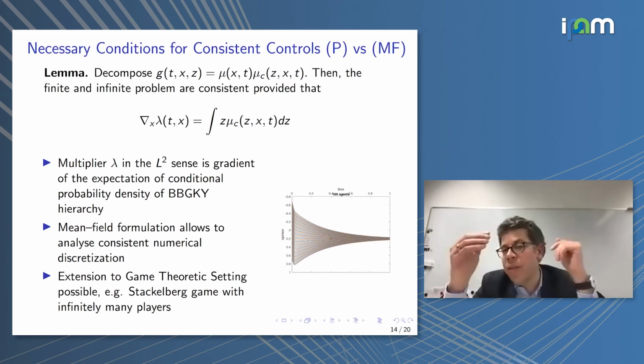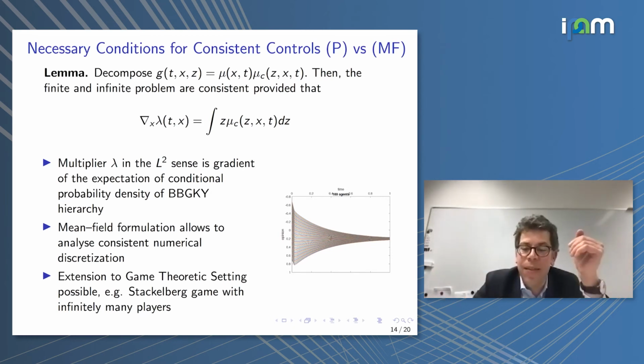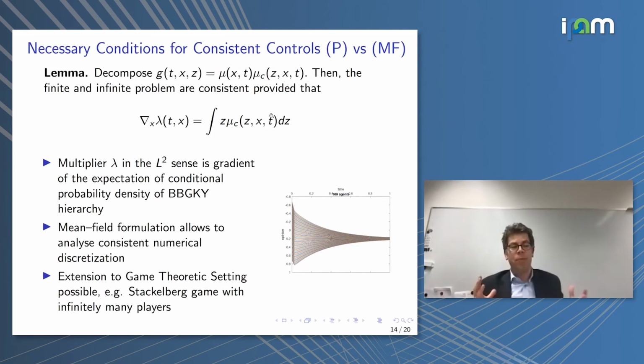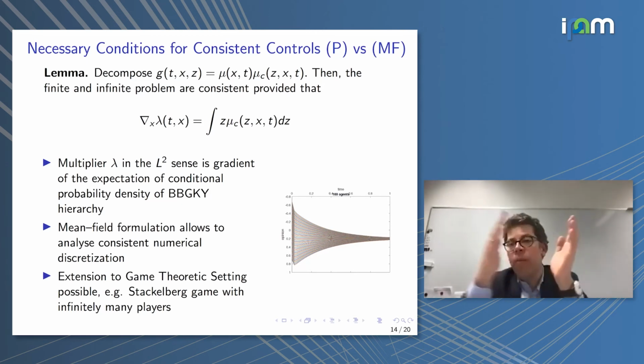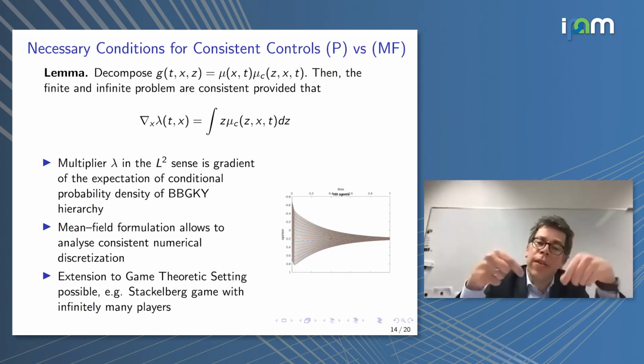So you would get a consistent control provided that the gradient of the continuous multiplier is in fact the expectation of the conditional probability of this ODE system. And this is somehow a consistency condition which would link these two scales, the microscopic and the mesoscopic, now on the optimality.